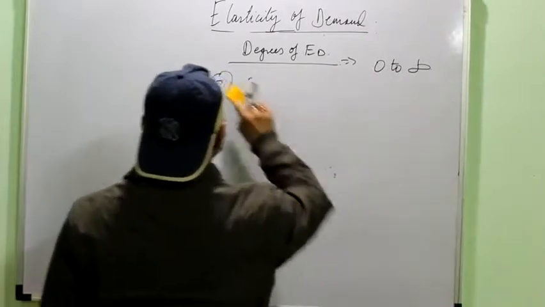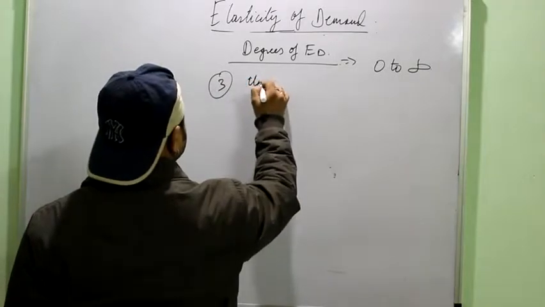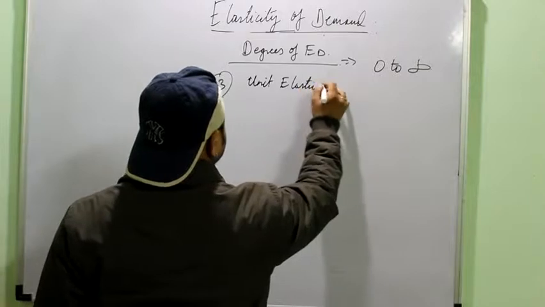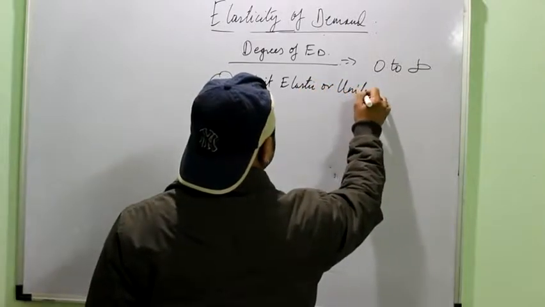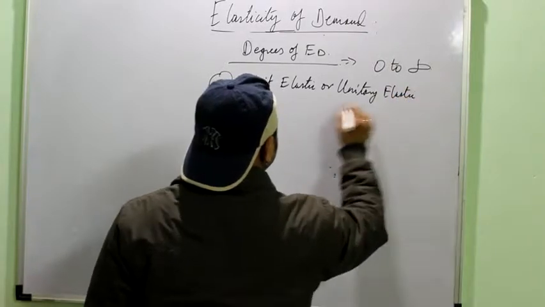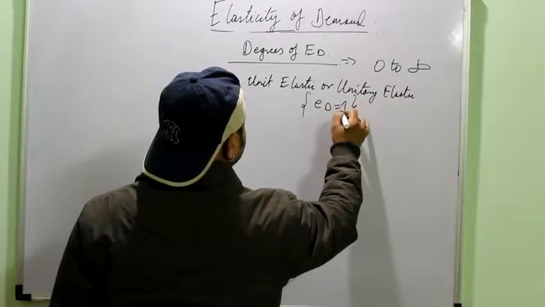Then we have the third degree, that is unit elastic, or unitary elastic. Here we say that ED is equal to 1.